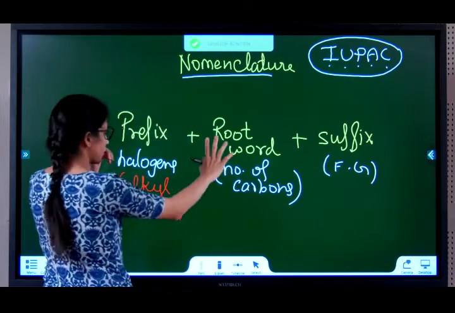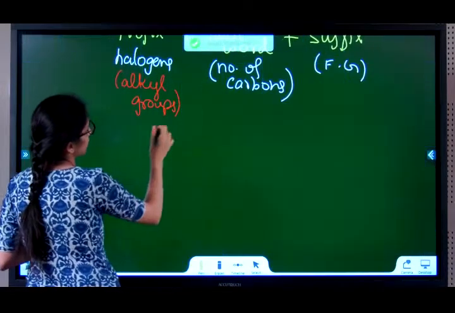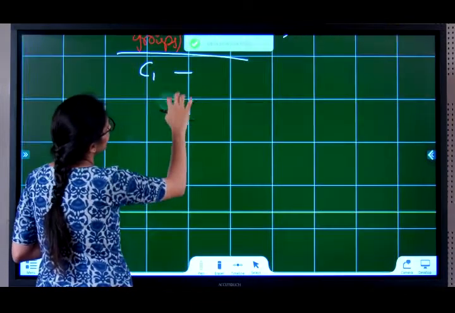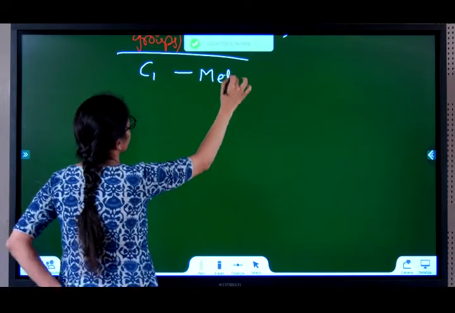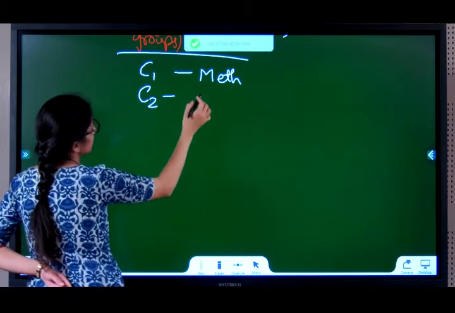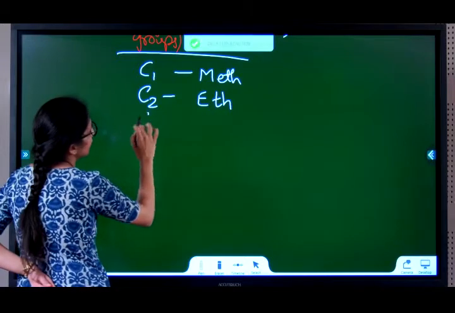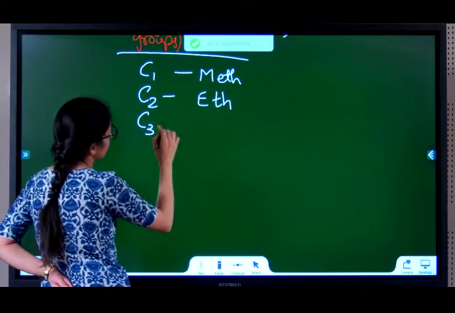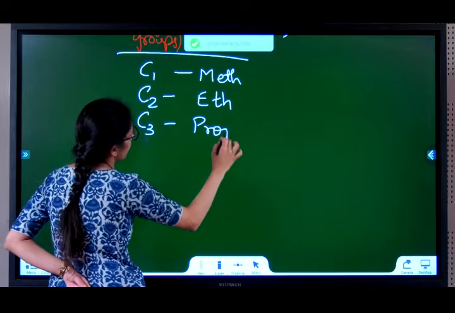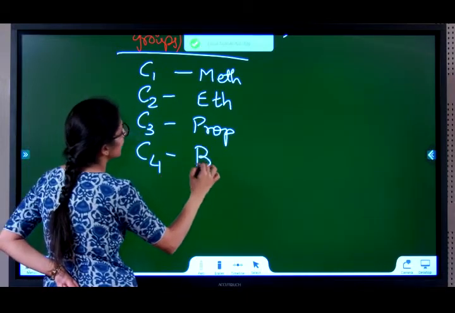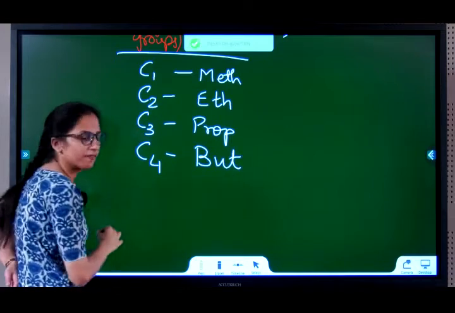So now, first we'll understand what are the different root words. If I have one carbon present, then my root word will be meth. If I have two carbons present, eth. Three carbons, prop. Four carbons, but.